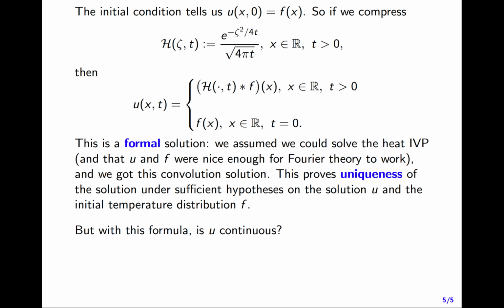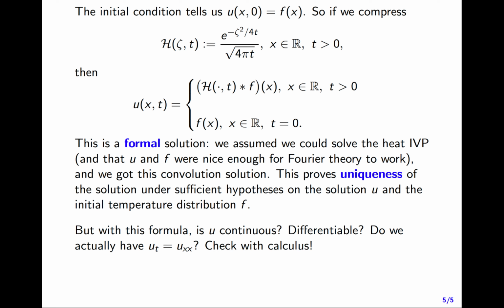But with this piecewise formula, is u continuous? Is it differentiable? It's always what we should ask ourselves when we have a piecewise formula, and always what we should ask ourselves if we have a formula given by a Fourier transform or a Fourier series. Do we actually have u_t equals u_xx?